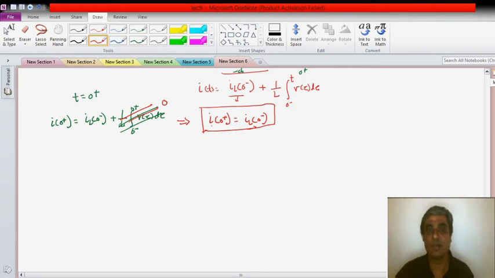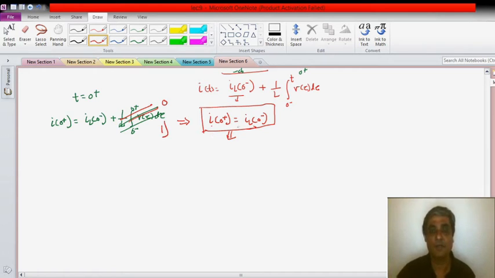So if I say I of 0 positive is equal to IL of 0 negative, what does it mean? There is no sudden discontinuity, no sudden change happening before and after switching. So this satisfies the law of conservation of flux. Magnetic energy will not change suddenly or instantaneously. So this is one conclusion: the magnetic flux will not change instantaneously after switching.